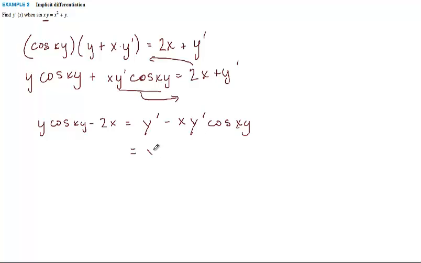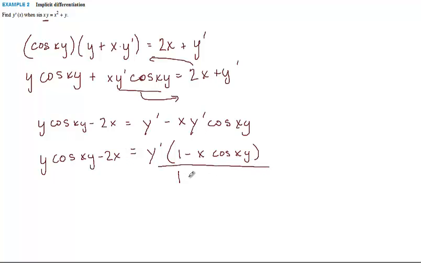Okay, cool trick. Factor out your y prime. Once you get used to that trick, you'll use it again and again. Then you'll just divide both sides by this whole expression.